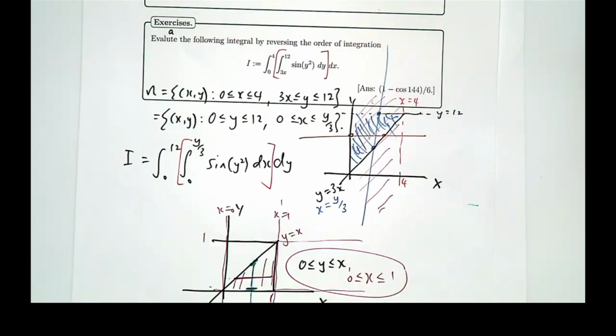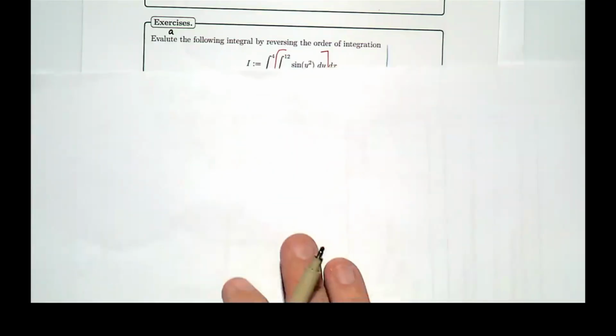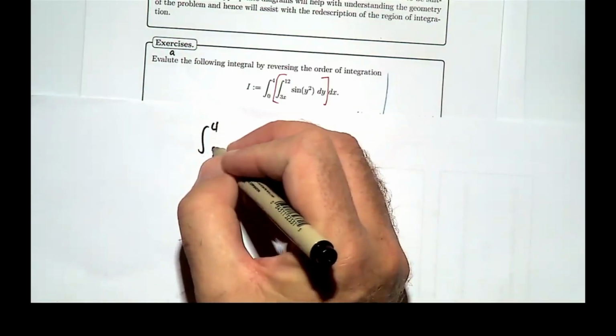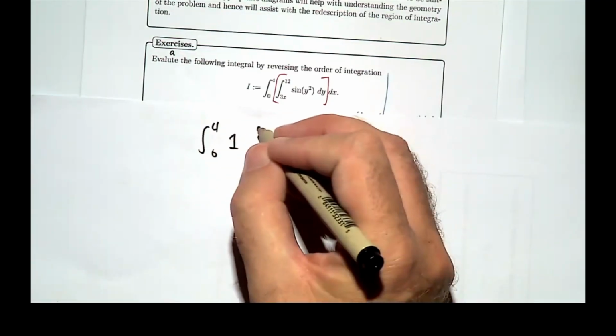Let me see if I can put it in here. Do I have it? Oh yeah. Okay. So I'm going to show you something magical. Instead of doing the inside integral first, which you can't do in this problem, what happens if I did this?